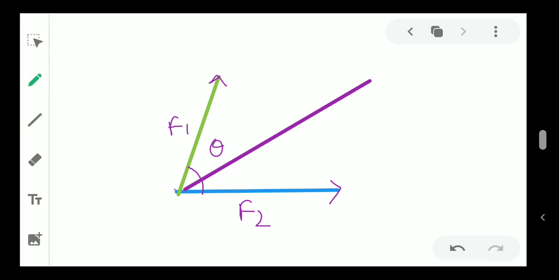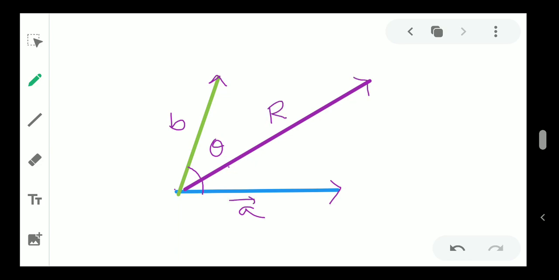Instead of F2 I'm writing A, and instead of F1 I'm writing B. And this is my resultant R.